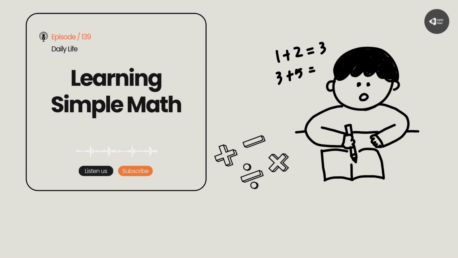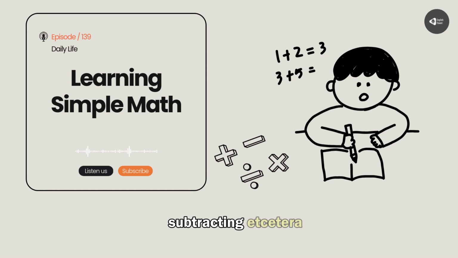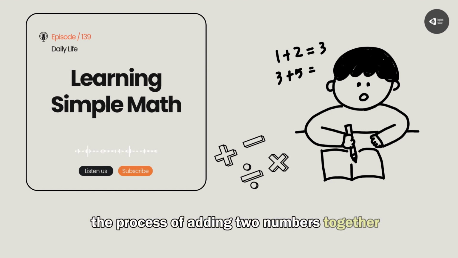A math problem where each side is equal. Equation. A mathematical process such as adding, multiplying, subtracting, etc. Operation. The process of adding a number to itself a certain number of times. Multiplication. The process of adding two numbers together.